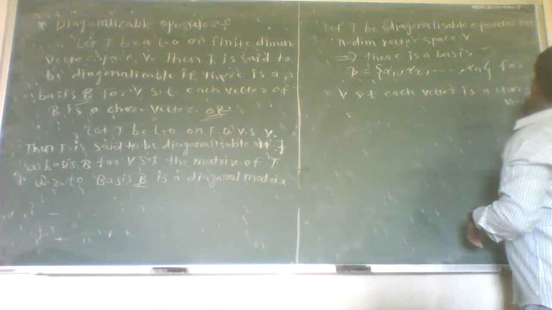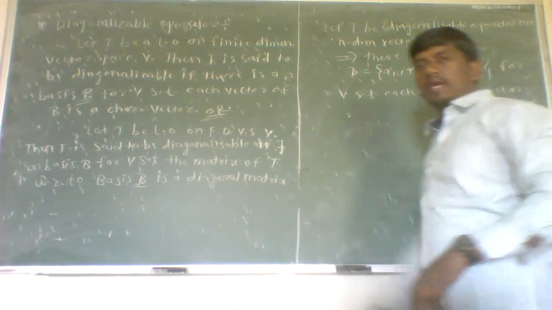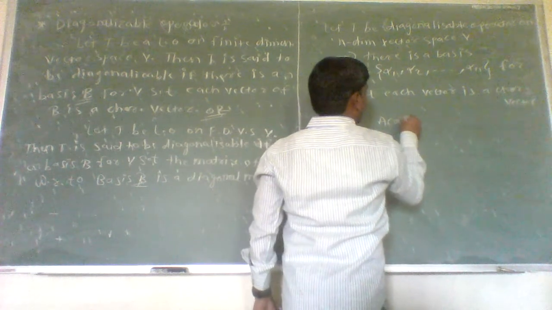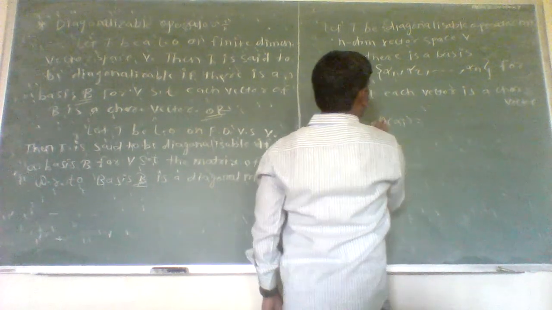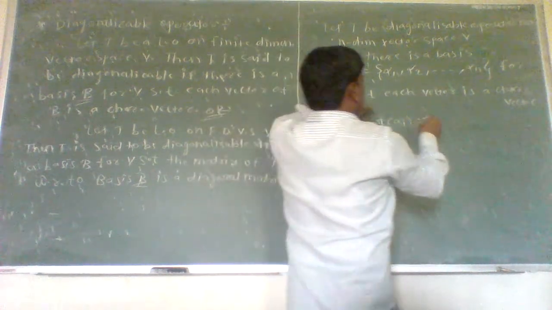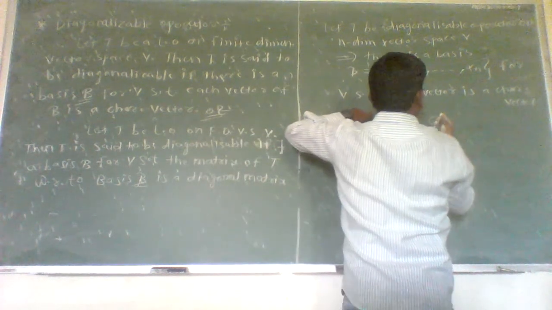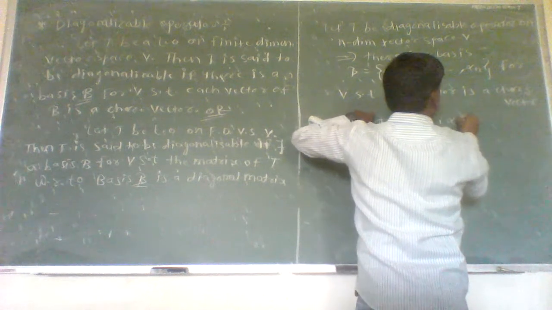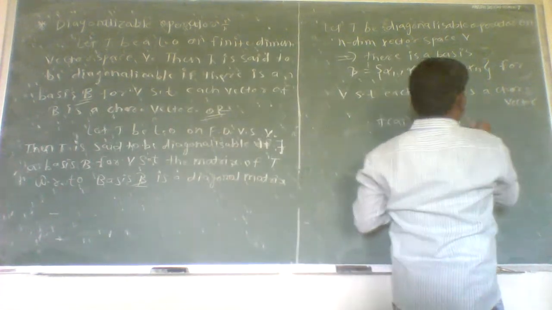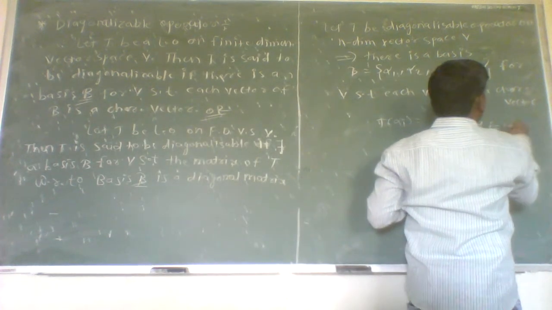As each vector is a characteristic vector, then from the definition, T of alpha i is equal to Ci alpha i, for all i from 1 to n.